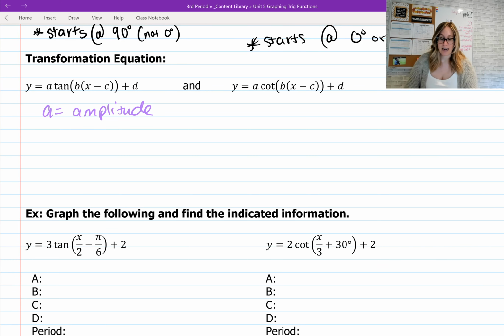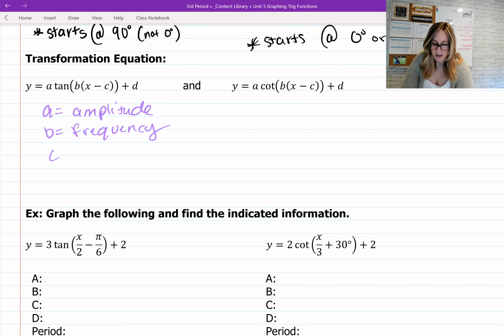B is our frequency. C is our phase shift, and D is our vertical shift. It also gives us our midline equation.